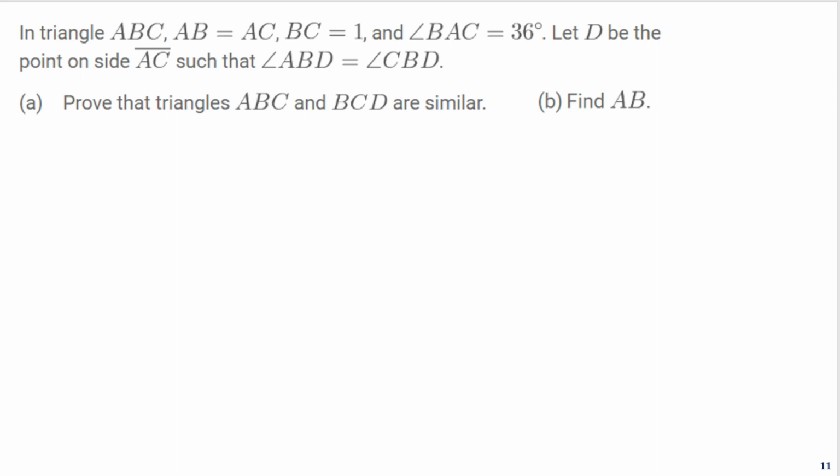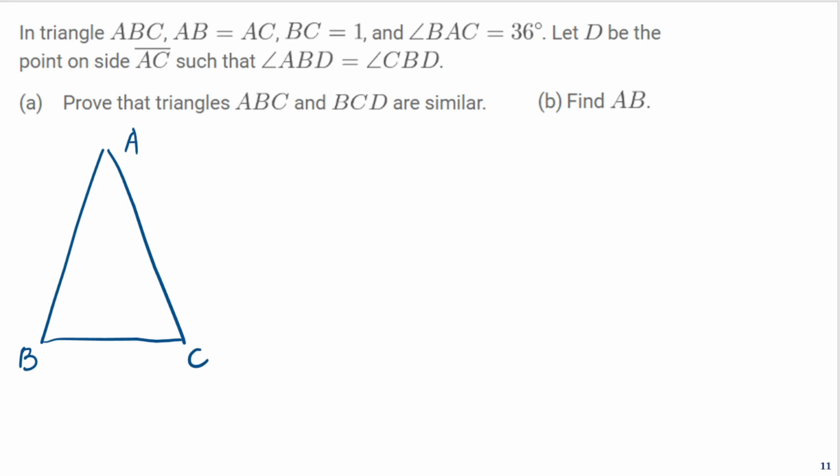Next, find side AB. Okay, if there is no diagram, it's better to draw the diagram by yourself, right? So here I'll just lead you through the diagram. So basically you have a triangle ABC, AB equals AC, so that's an isosceles triangle.